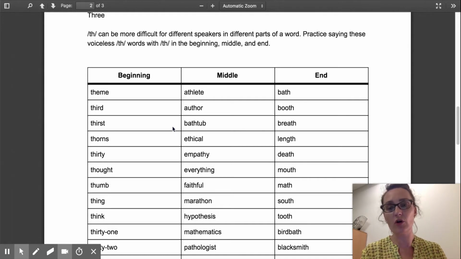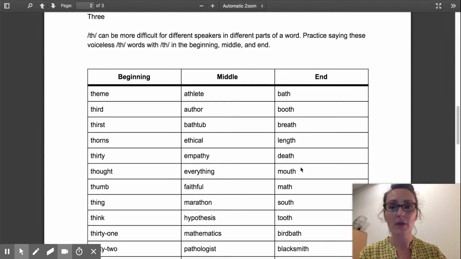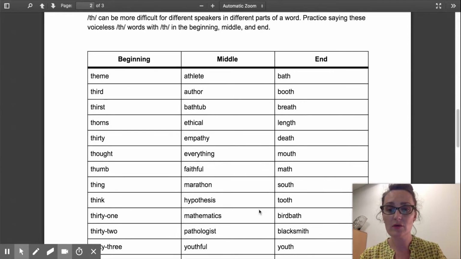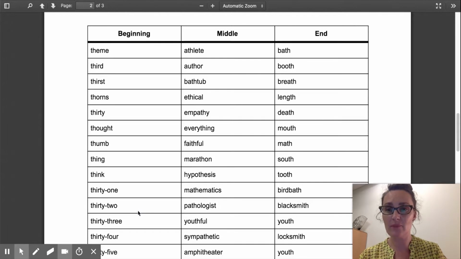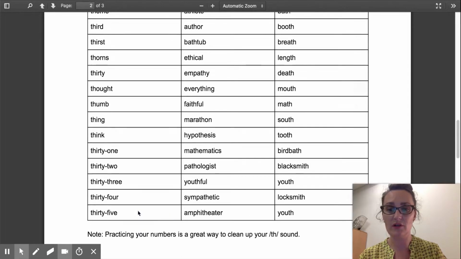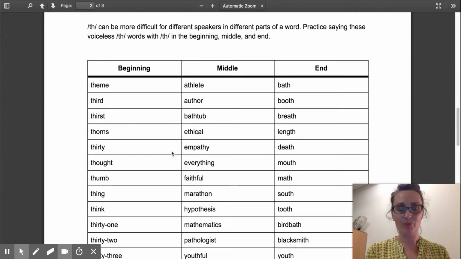Is it more difficult in the beginning, the middle, or the end? I will say that at the end, it's usually going to be voiceless. In the middle, it's oftentimes voiced. But none of these are voiced here. Let's give it a try.